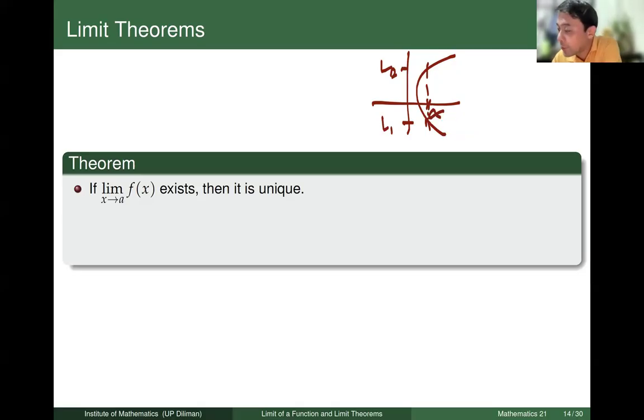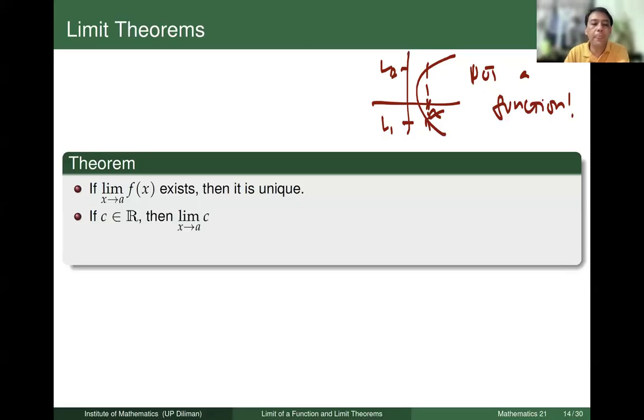But this is not a function. Why is it not a function? Now, the requirement is we must evaluate the limit of a function. And thus, the limit of a function, if it exists, is unique.